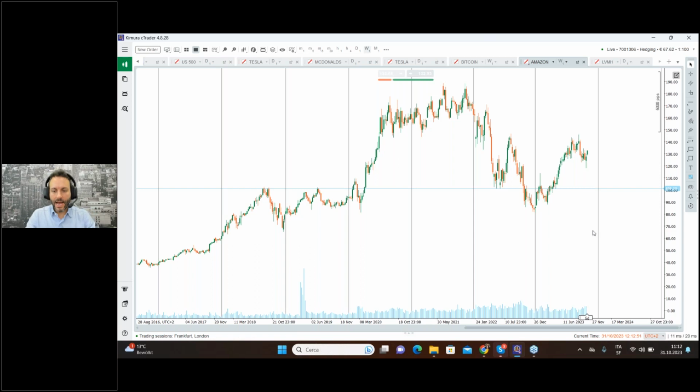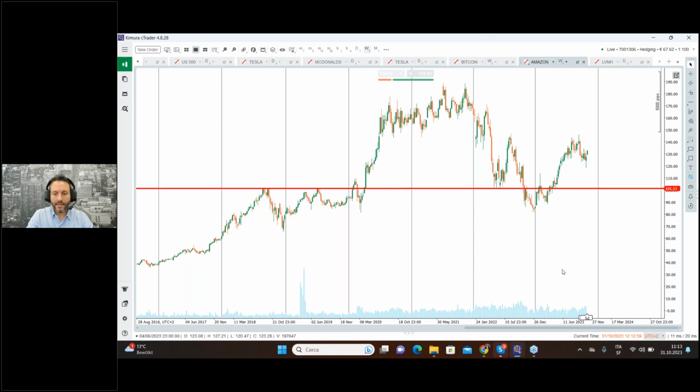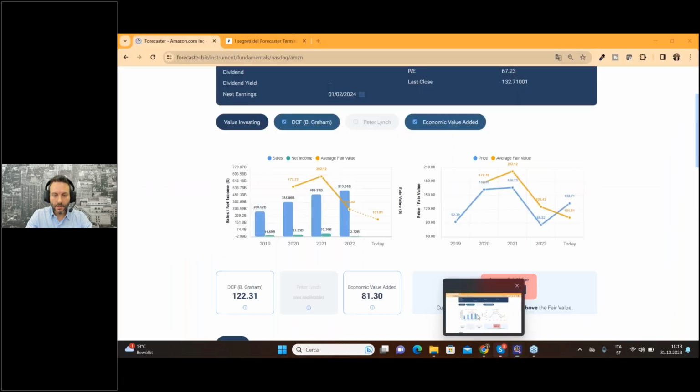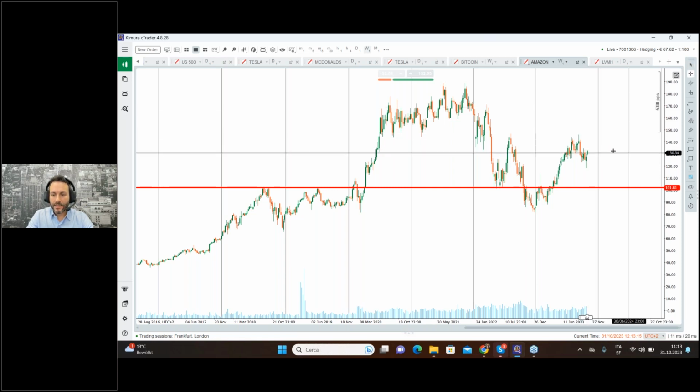Well, we see precisely that if we go and draw a line where the fair value is present, okay, indeed 181, we can do it with surgical precision, we see that precisely the prices are a little bit overvalued.